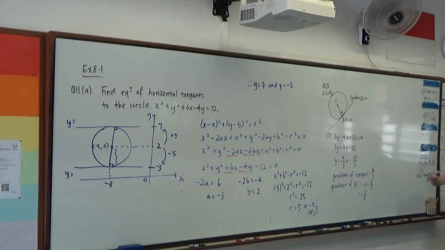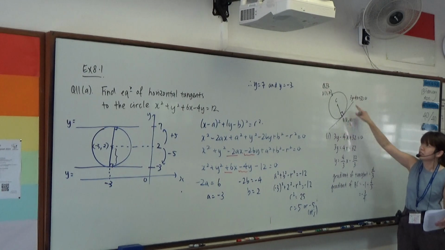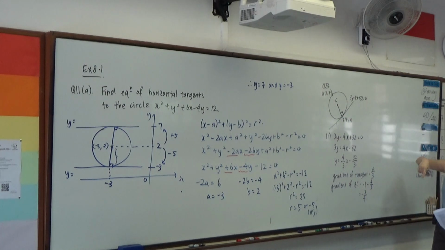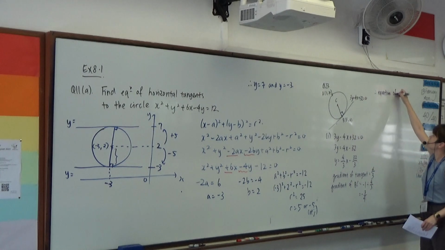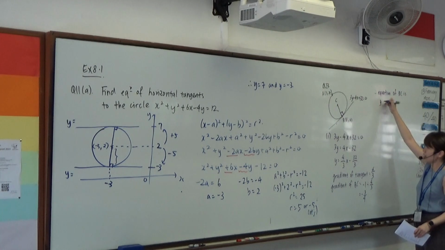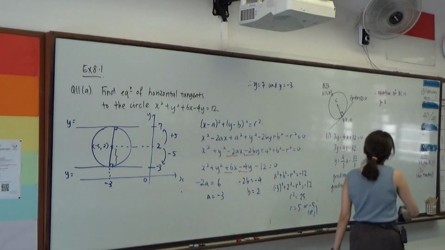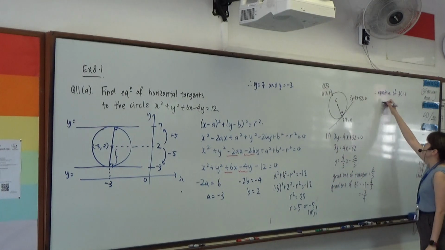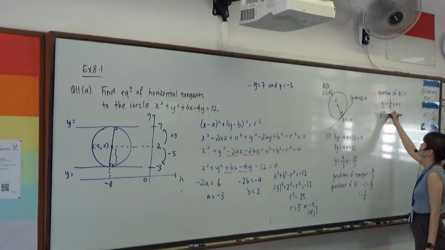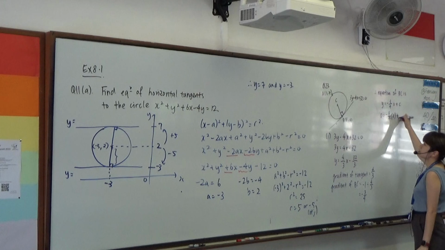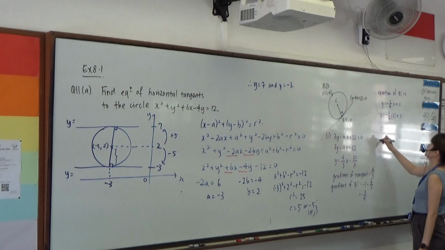Since I know the coordinates of B already, which is along the tangent, it is also found along the line BC. So therefore the equation of BC should be y minus... oh sorry, don't do this. y equals mx plus c. y equals negative 3 over 4x plus c. 0 equals this, c equals 6.